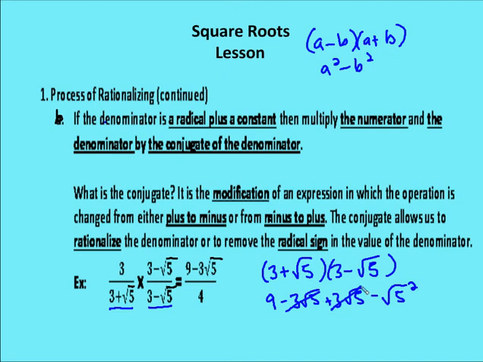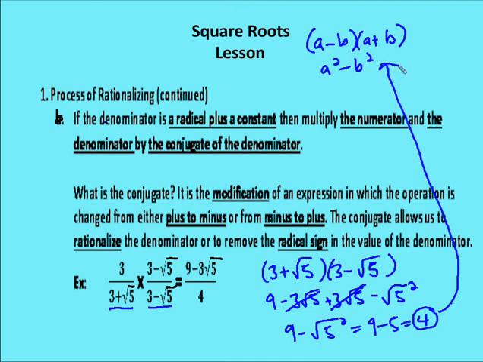Minus 3 root 5 plus 3 root 5 reduces to 0. Now I'm left with 9 minus root 5 squared, which is equal to 9 minus 5, which is equal to 4. All right, so you can see the similarity, or the exactness, in the relationship between the difference of two squares and what we're doing with the conjugate of the denominator. So we end up with 9 minus 3 root 5 over 4.